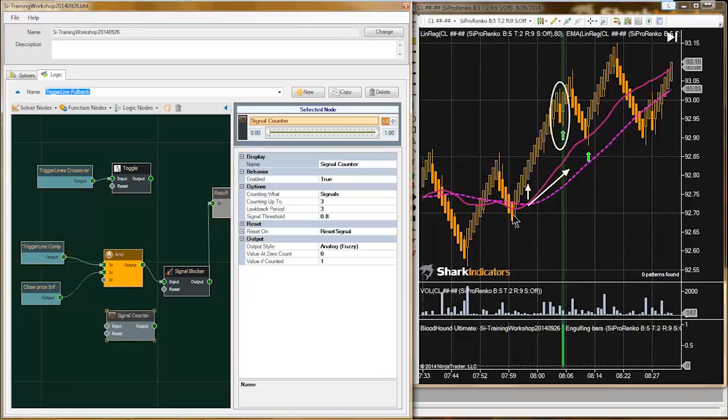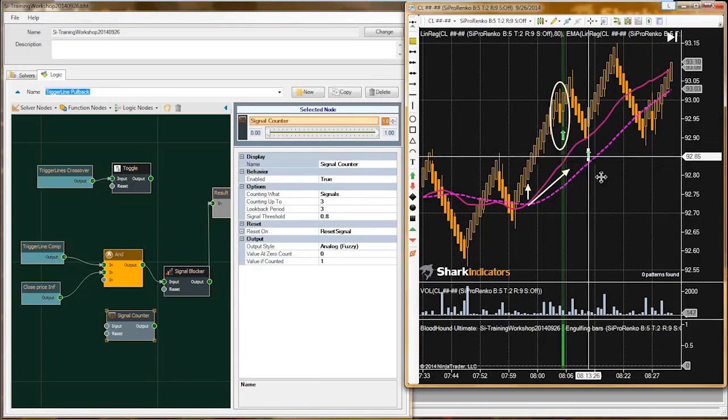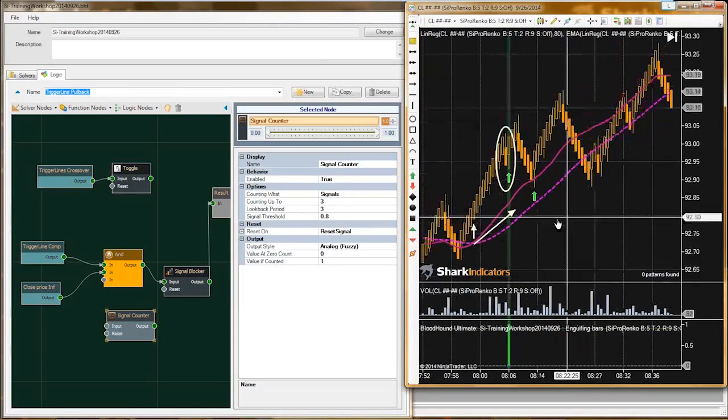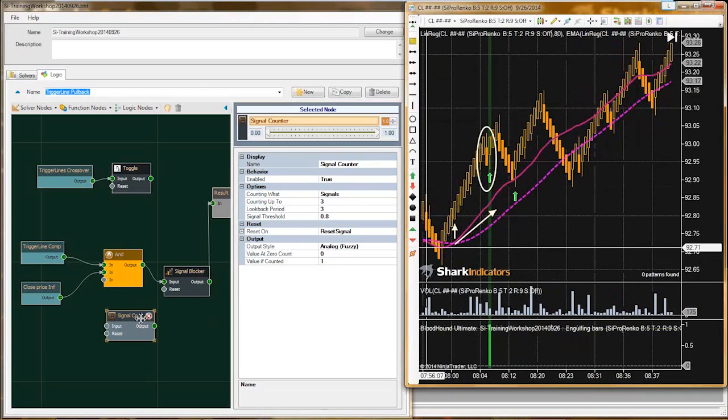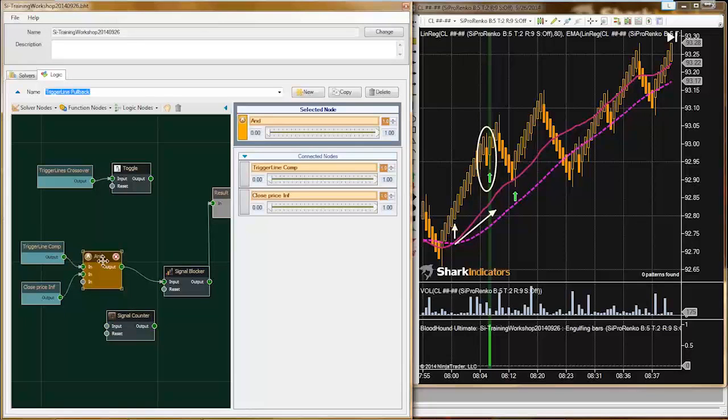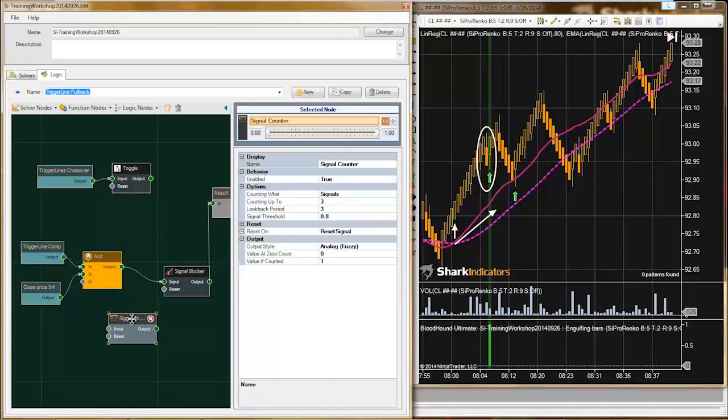Essentially I want the signal blocker to count up to the second pullback signal, and then essentially... well, let's see. Nope, let me rethink this here.